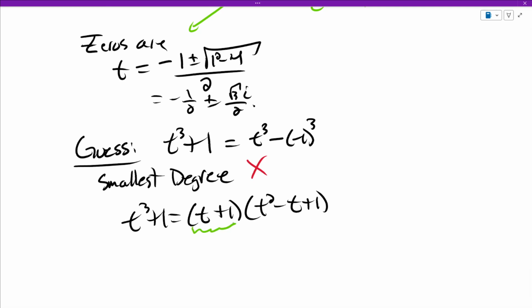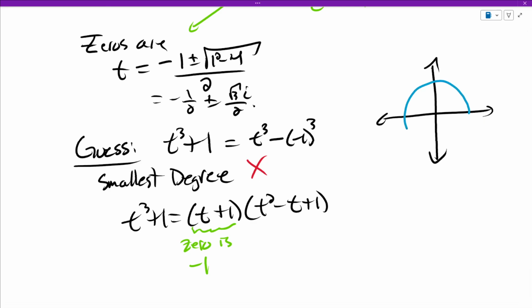The 0 here is negative 1. If we were to draw the 6 roots of unity as 6 equally spaced points on the unit circle, which is how we should visualize them, we've already seen 1. We've already seen negative 1/2 plus or minus the square root of 3i over 2. That's this guy from our previous guess.